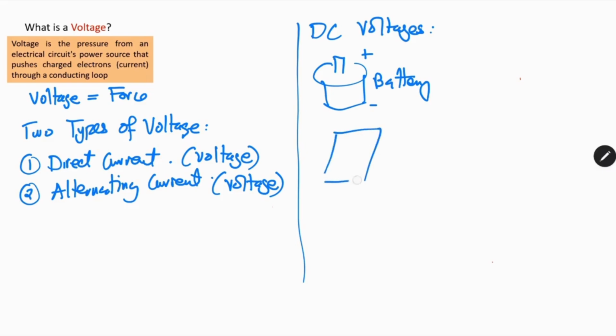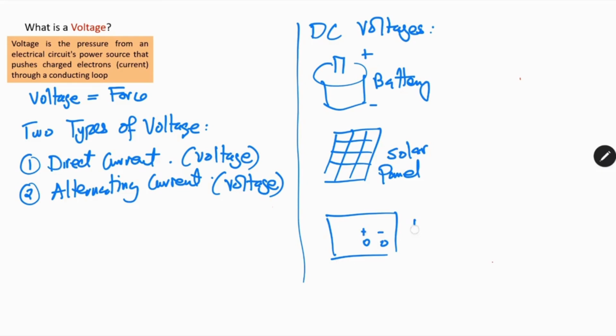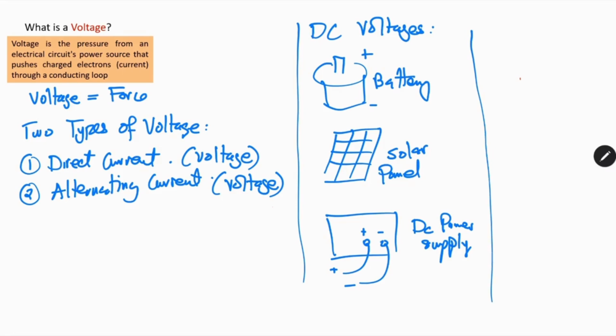And if you can also remember, a solar panel can also be a source of producing direct current, or another example can be a DC power supply. So it is capable of producing direct current, so you can connect it to the positive and the negative terminal of your circuit, and it can produce the required DC or direct current.